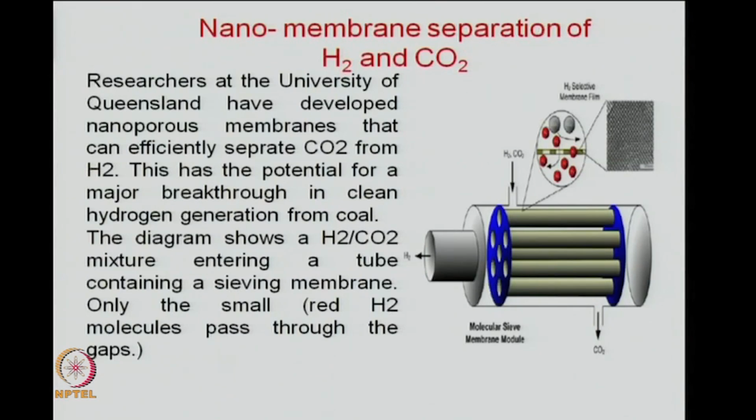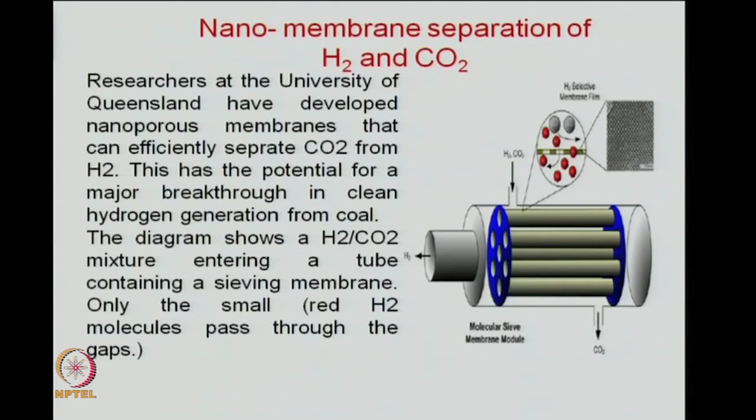This is another example of how nanotechnology can be of great use in fuel and energy considerations. For example, this is a membrane, nanoporous membrane which has been developed, which can separate carbon dioxide and hydrogen. So, you have these nanoporous membranes, and because of the particular size of the pores, it can separate hydrogen from carbon dioxide.